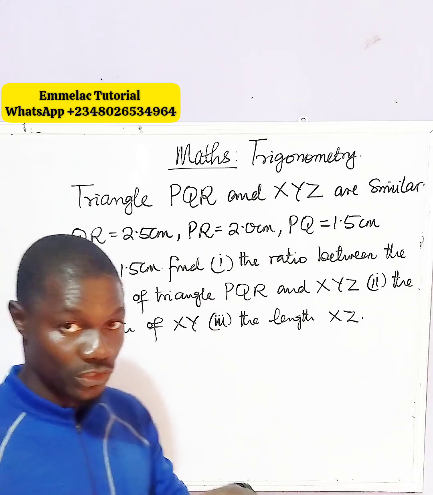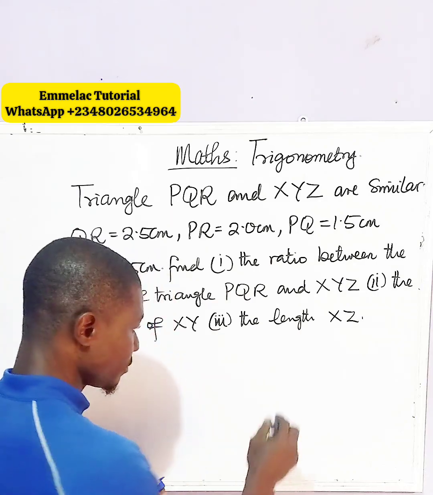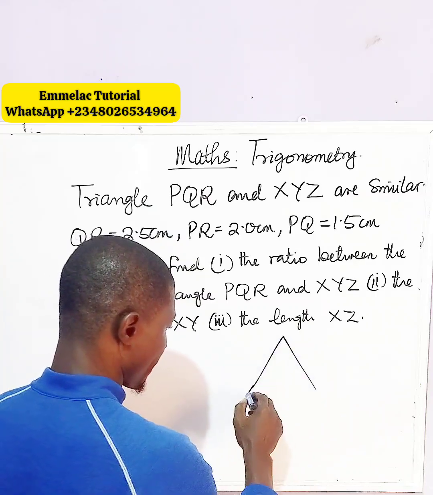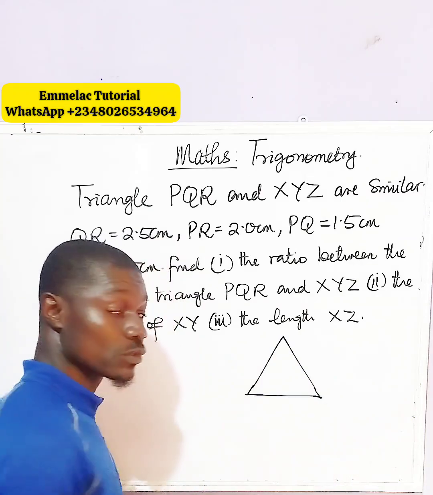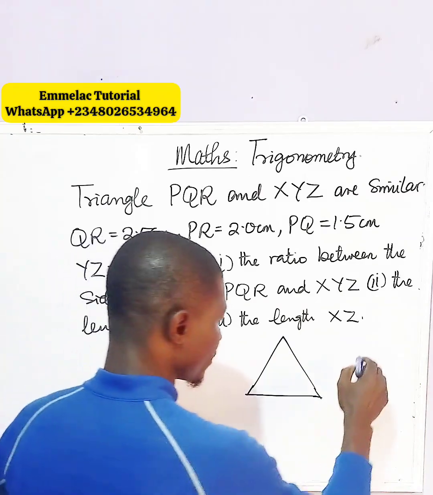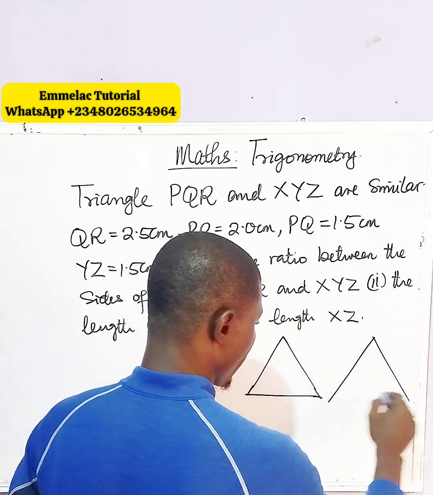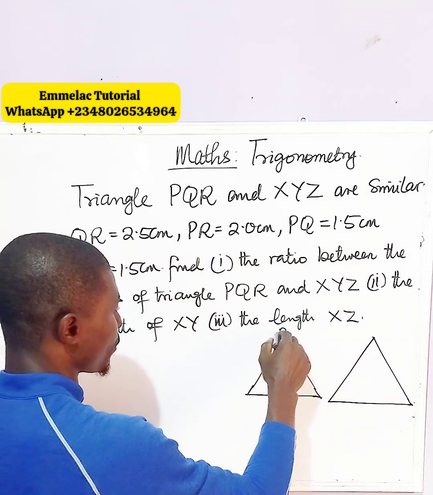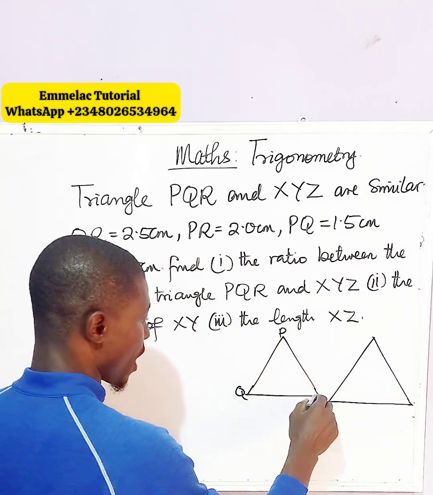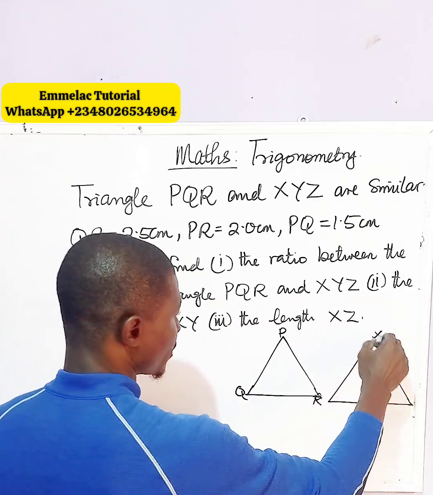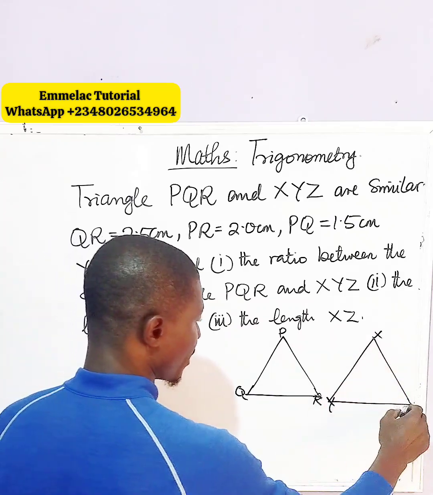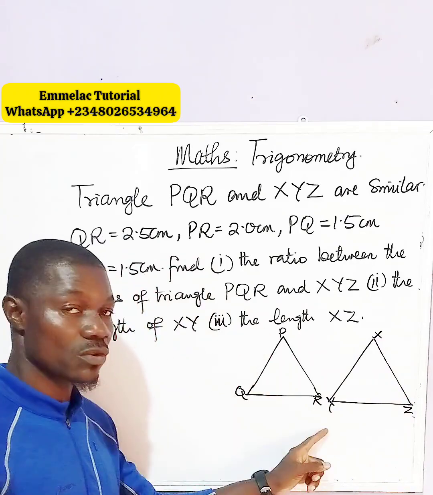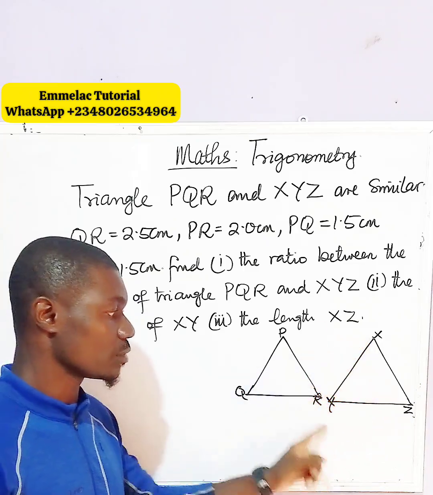Okay, first of all, let us draw the triangle. This is triangle 1, not drawn to scale. Now triangle 2. So this is P, Q, then R, then this is X, Y, and Z. Take note, I took this anti-clockwise like this. Also the same thing should be for this one.